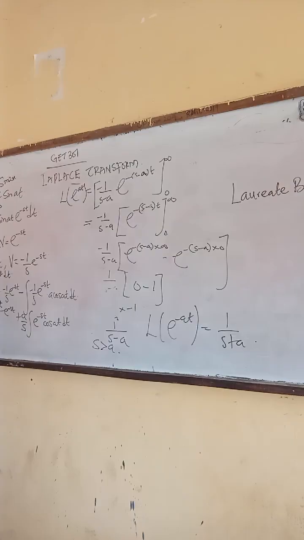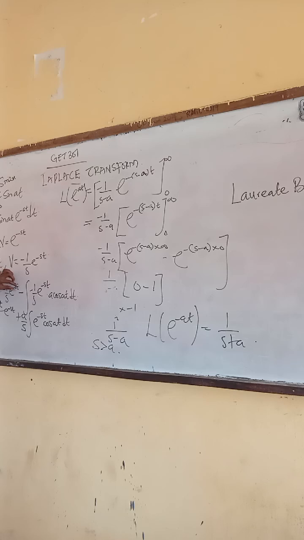Look at this. Minus sin at over s exponential minus st. Then I take this a and 1 over s out.